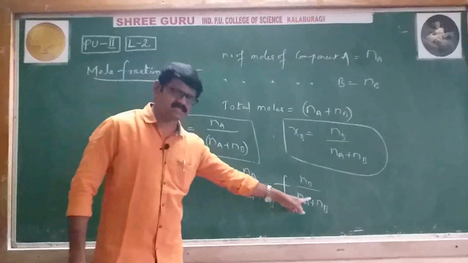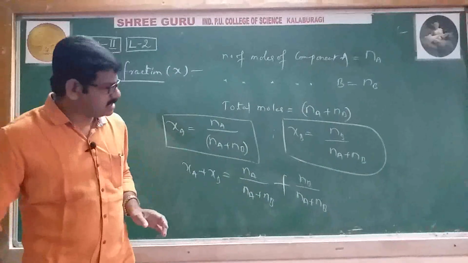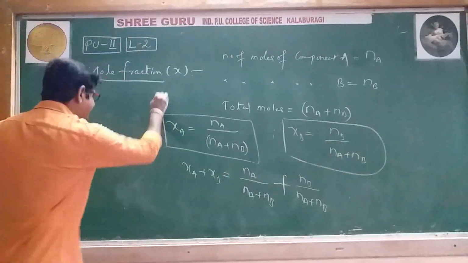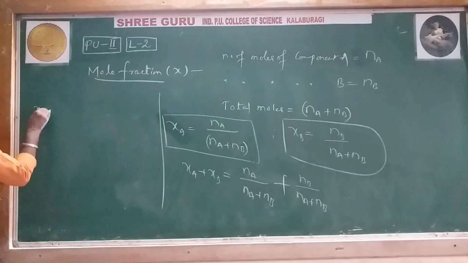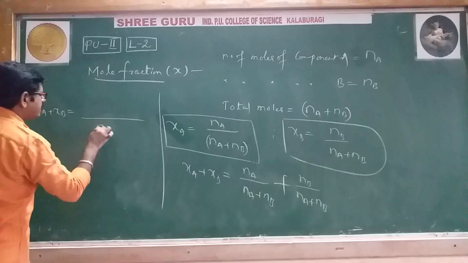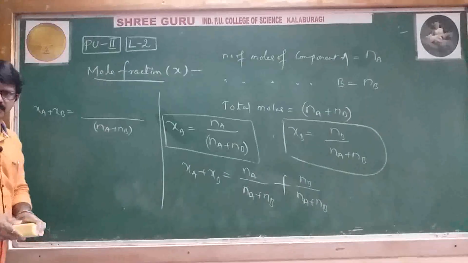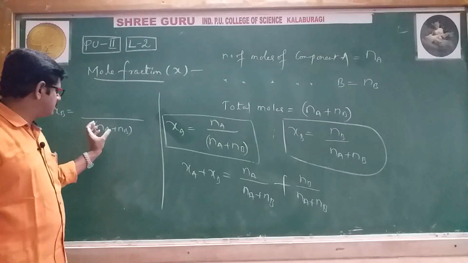In both places the denominator is Na plus Nb, therefore we will take Na plus Nb common.